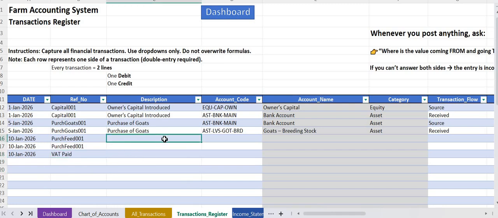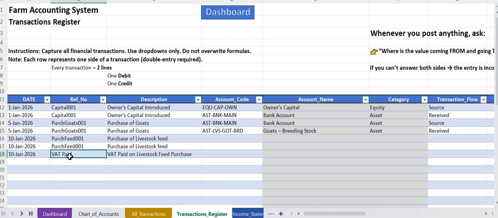So this is purchase of livestock feed. That is the description. We roll it down to the second one, and then here we say VAT paid on livestock feed purchase.